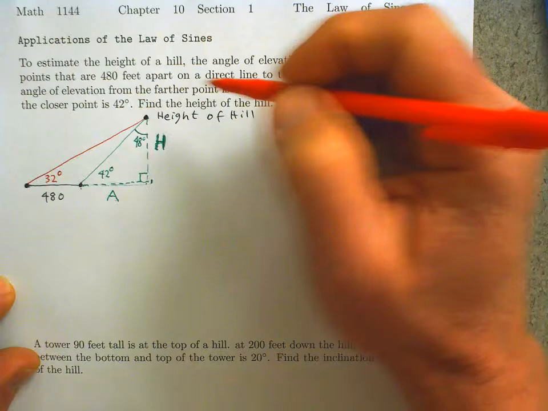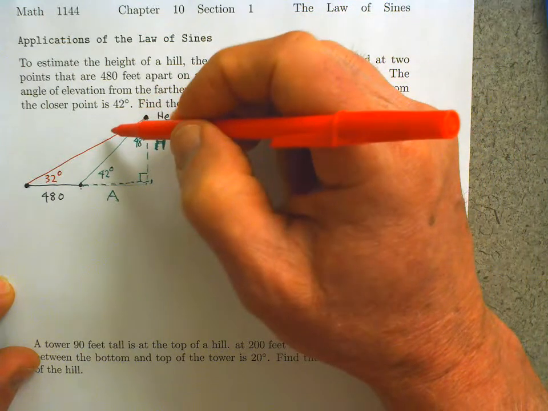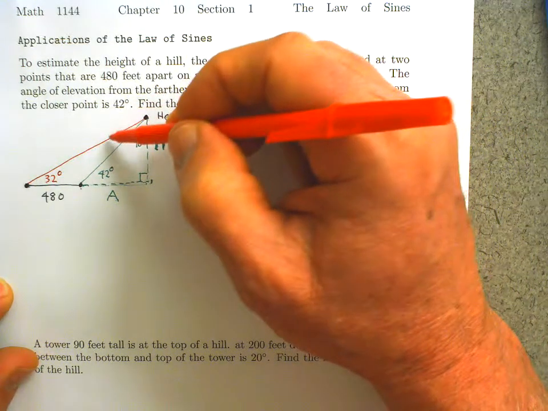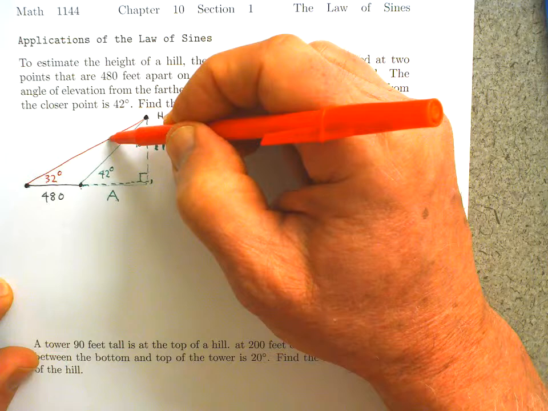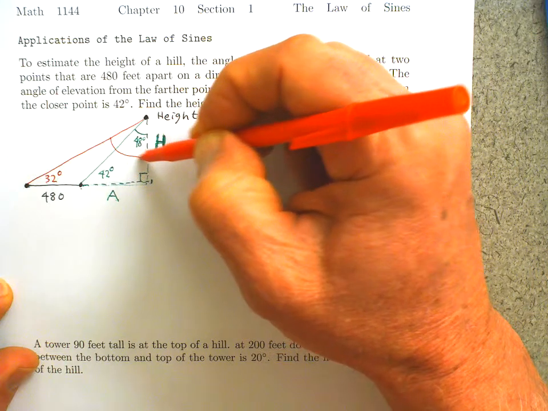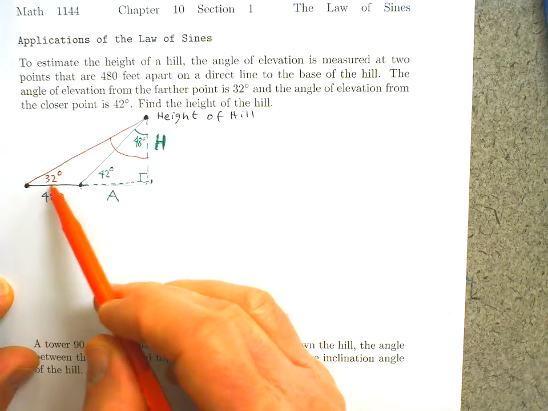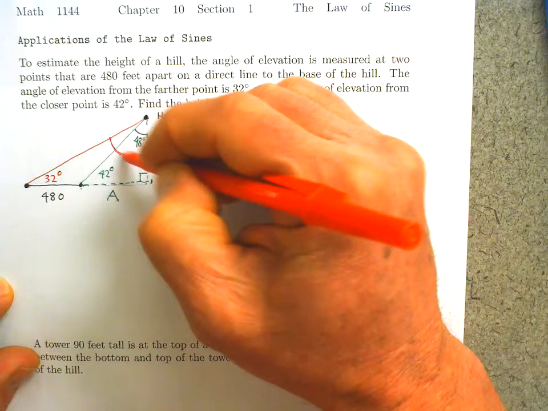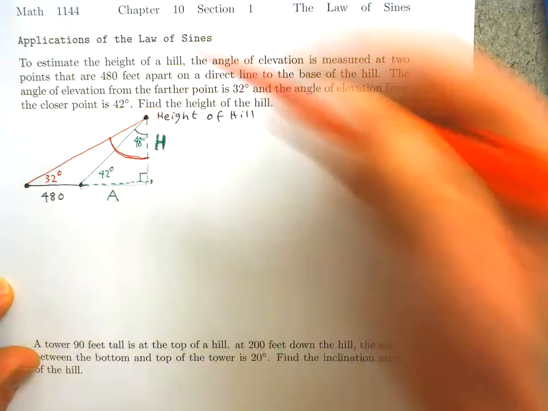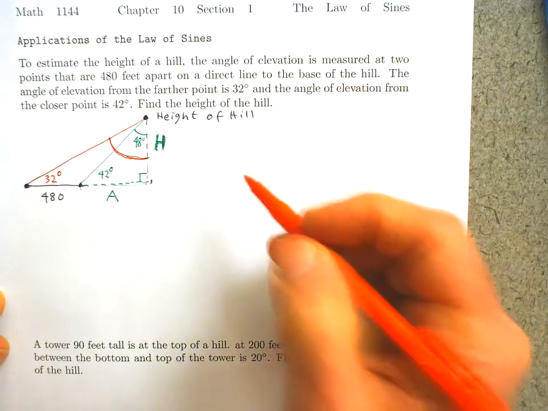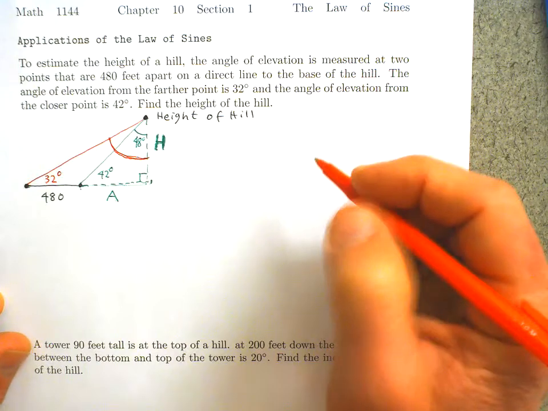And in the bigger right triangle, since this angle is 32 degrees, this big angle has to be 58 degrees.